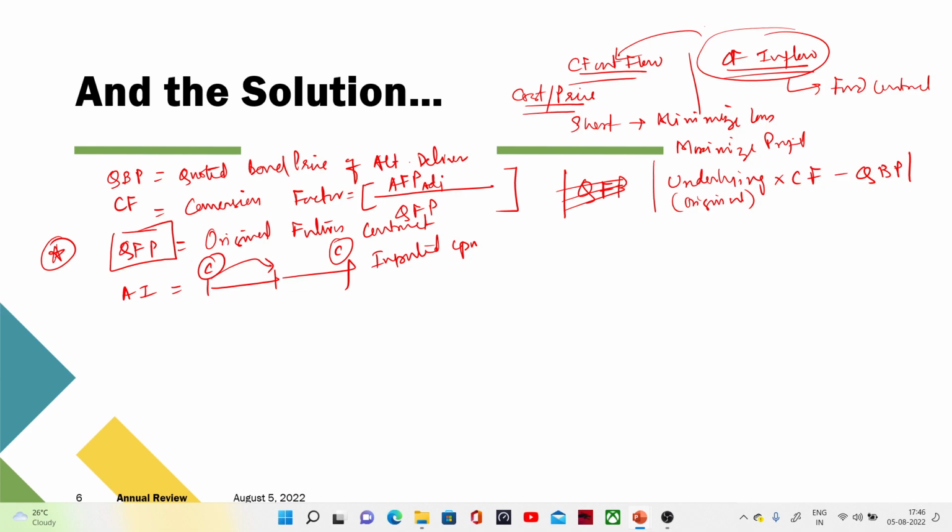I've put this in mod. Please understand, you could do it either way as well. QBP minus underlying into CF is from the cost perspective. Underlying into CF minus QBP is from the profit perspective. The rest of it, I'm sure you would understand.